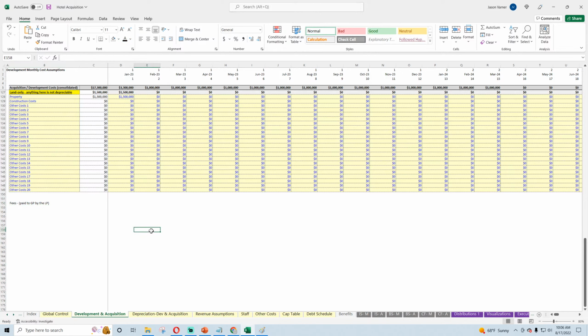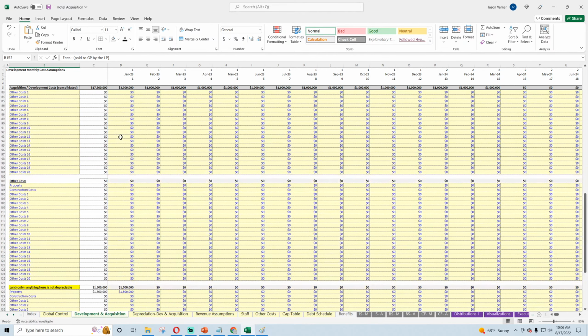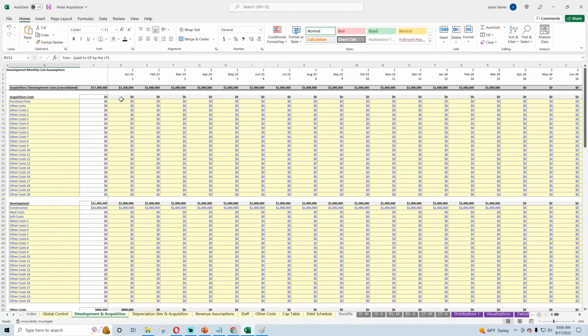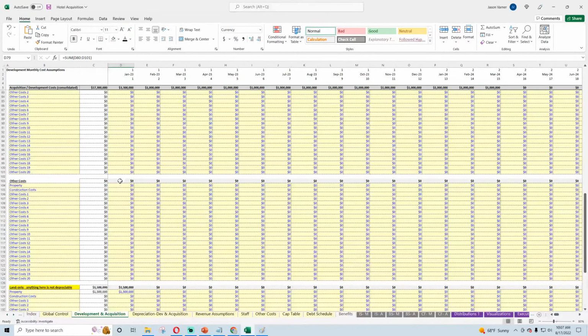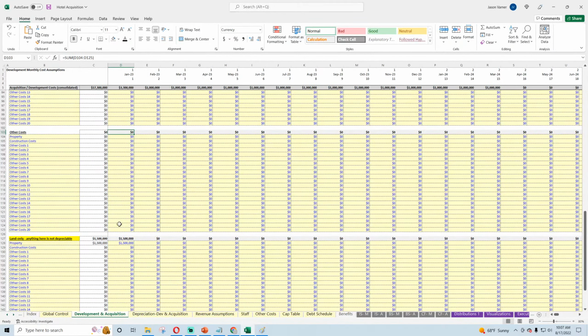I'll go through more of the structure, but at a high level, essentially these fees are going to be based on a percentage of each of these sections, because the sections are bigger, and I've seen people have acquisition fees. I've seen renovation management fees. So what I'm going to do is allow a percentage of each of these sections to have a fee that goes along with it that's paid to the sponsor. It's probably a little overkill, but it's better to be overkill than underkill.